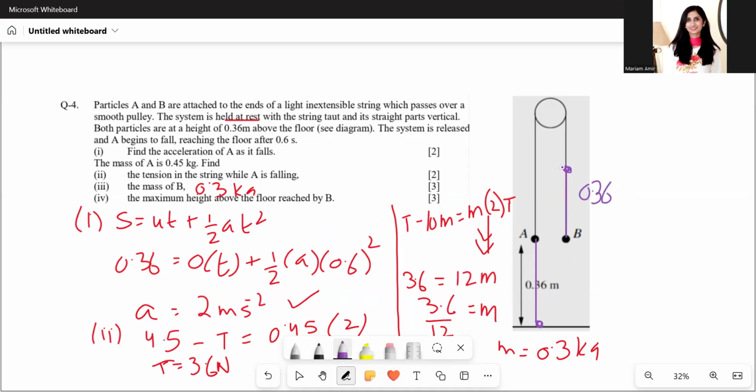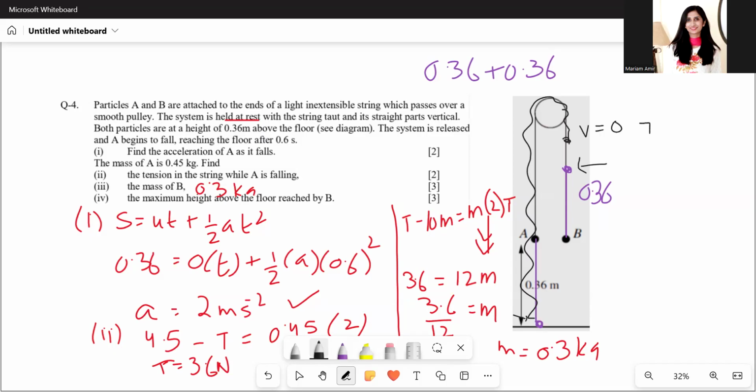So the total height above the floor so far is 0.36 plus 0.36. But as A hits the ground, the string slackens and this particle further rises up in height till its final speed becomes 0.